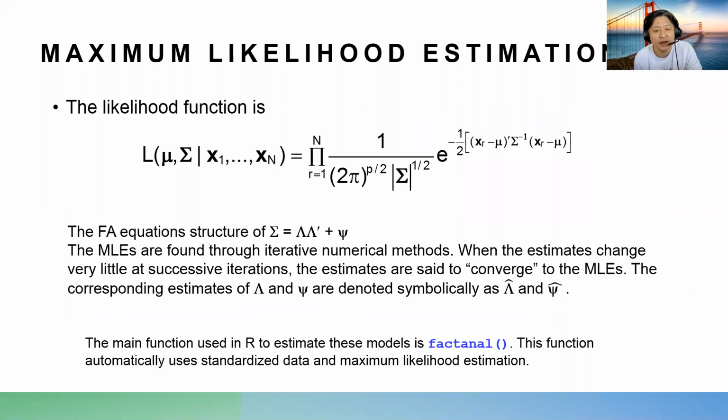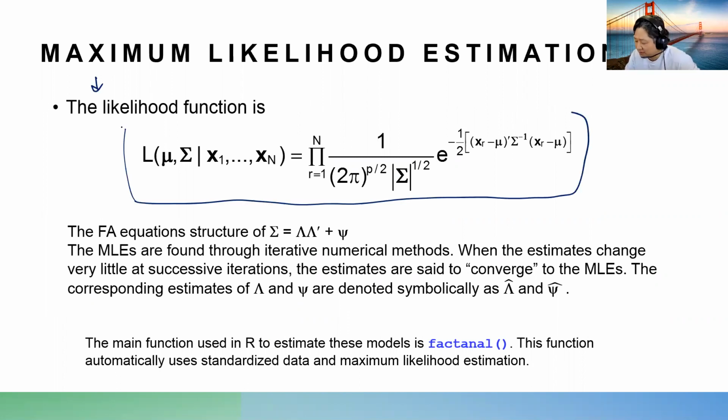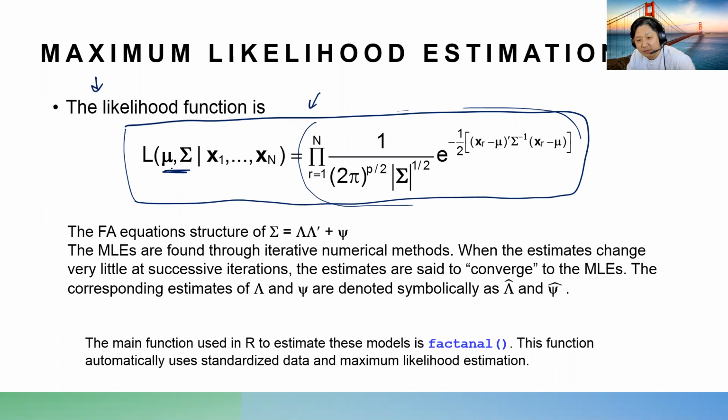And this is PAF, and then this is maximum likelihood estimation. So we learned about maximum likelihood estimation, right? This is the multivariate normality assumption for the likelihood ratio. So this is a multivariate distribution. In this case, we want to get the maximum likelihood value of the mean and covariance matrix, right?